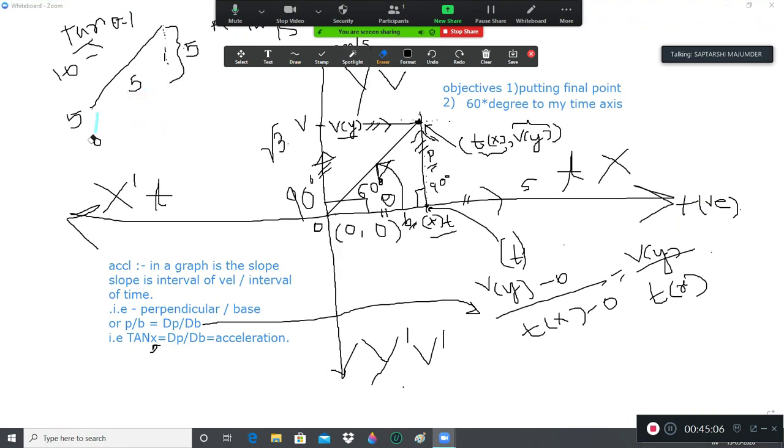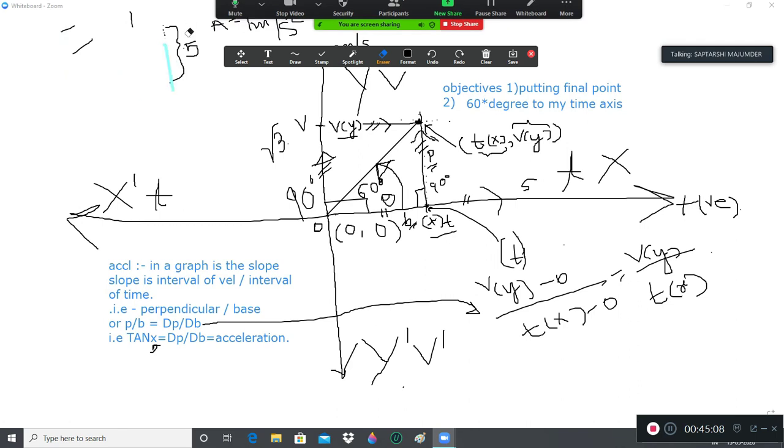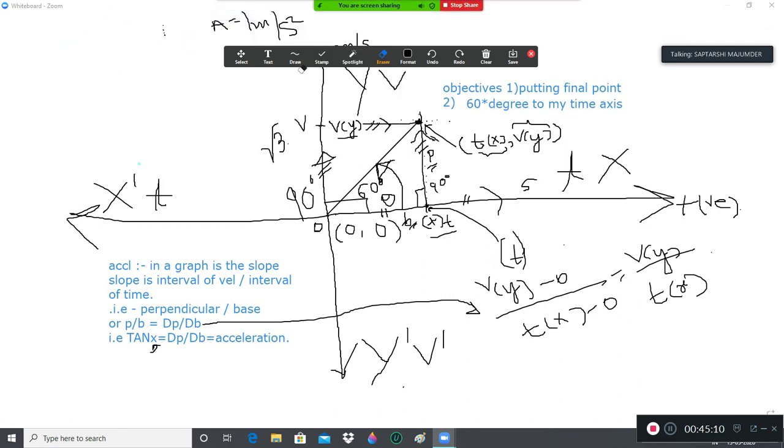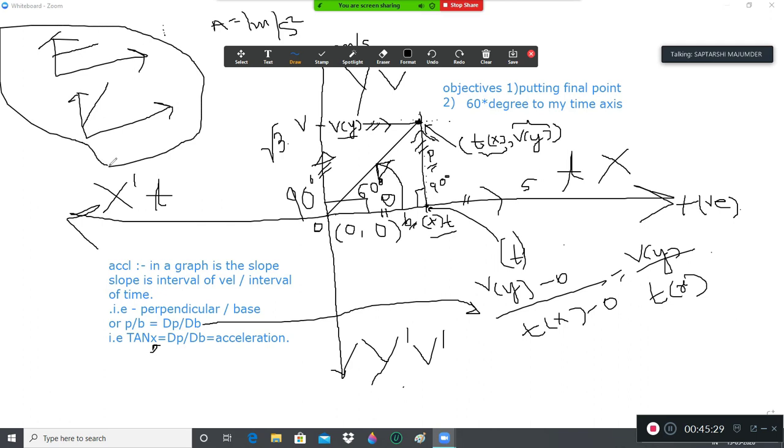So these three graphs are more confusing graphs. Now you can also note it down. I have already discussed it. These two graphs are more conceptual graphs, where you need to use tan theta.